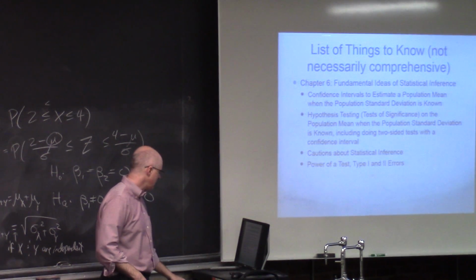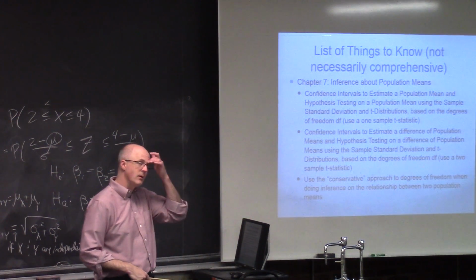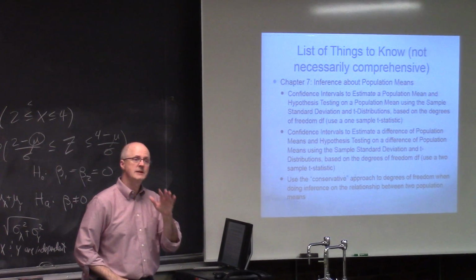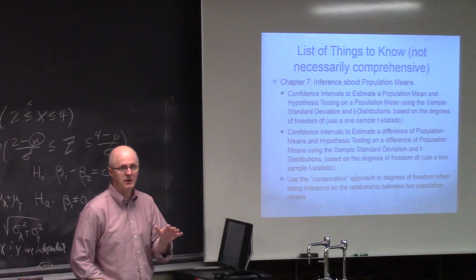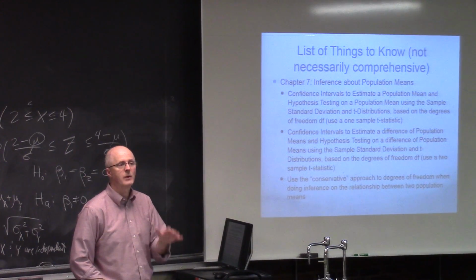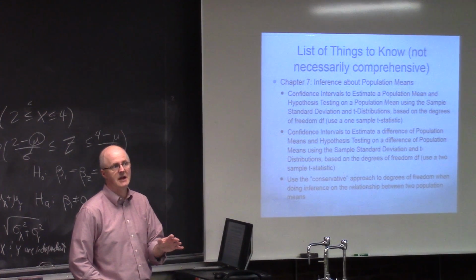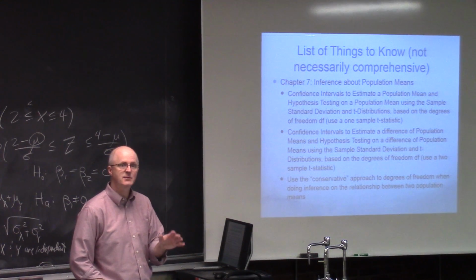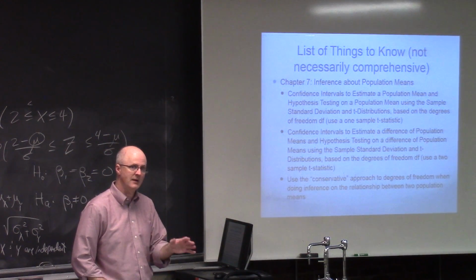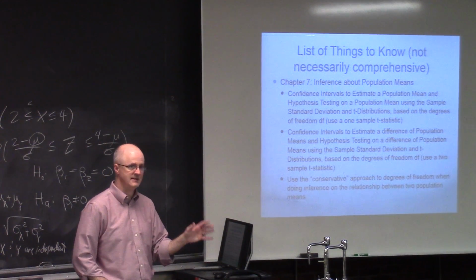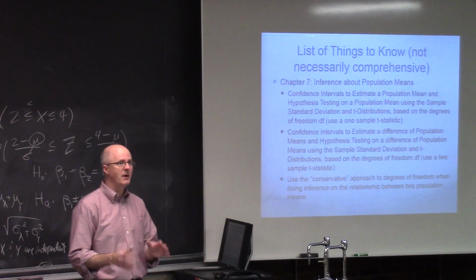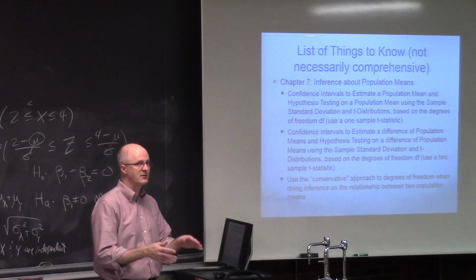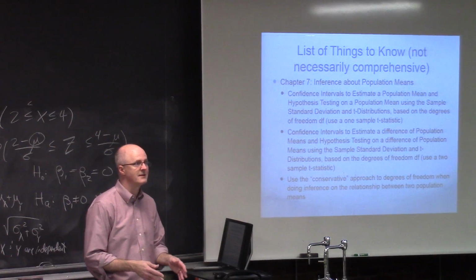Chapter 7 was the more realistic context where we're doing the same thing: inference for means. But now we do not assume we know the population standard deviation. We use S, the sample standard deviation, instead, which means we have to use degrees of freedom. Degrees of freedom is relevant, and then we have to use T instead of Z. You always see these old exam problems that I put: state the DF if it's relevant, and don't state it if it's not relevant.